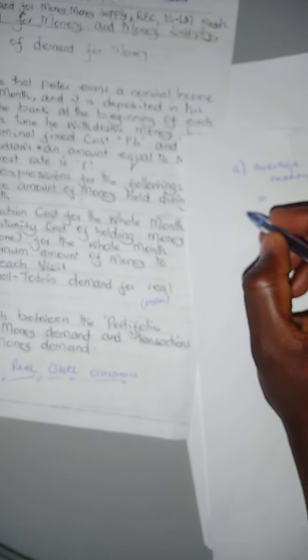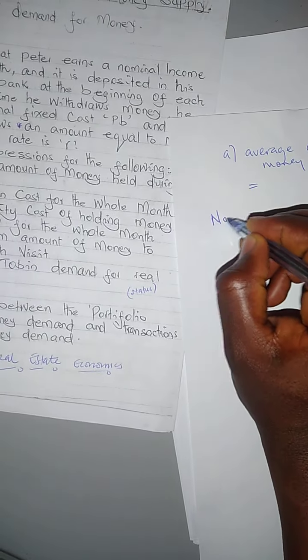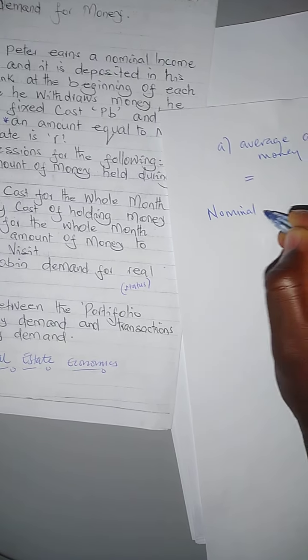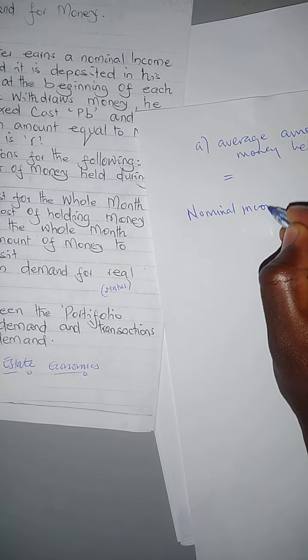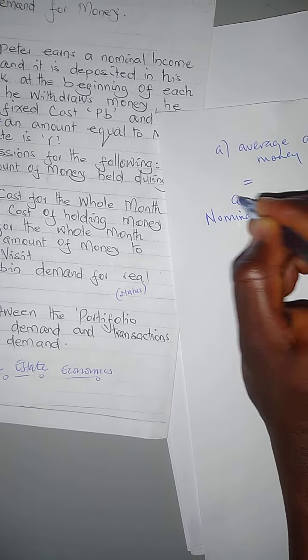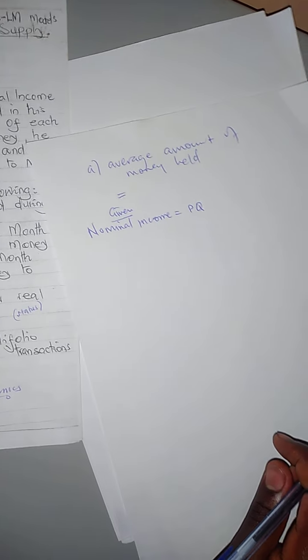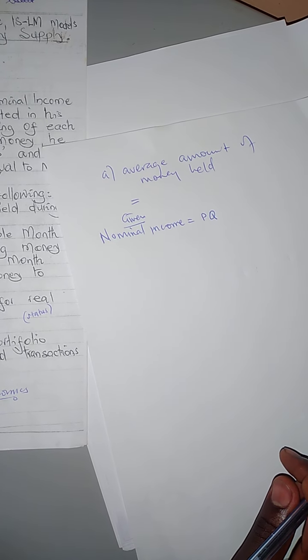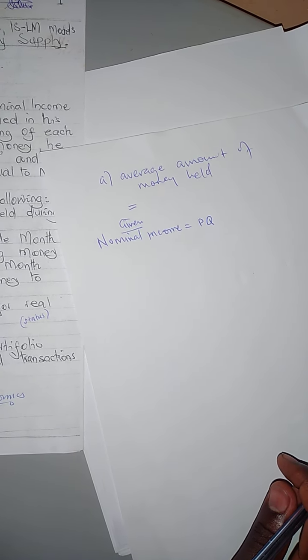So we have nominal income is equal to PQ, deposited in his account in the bank at the beginning of each month.